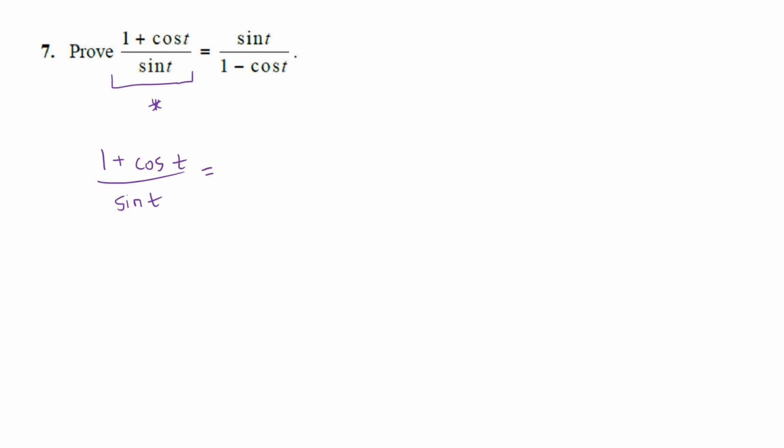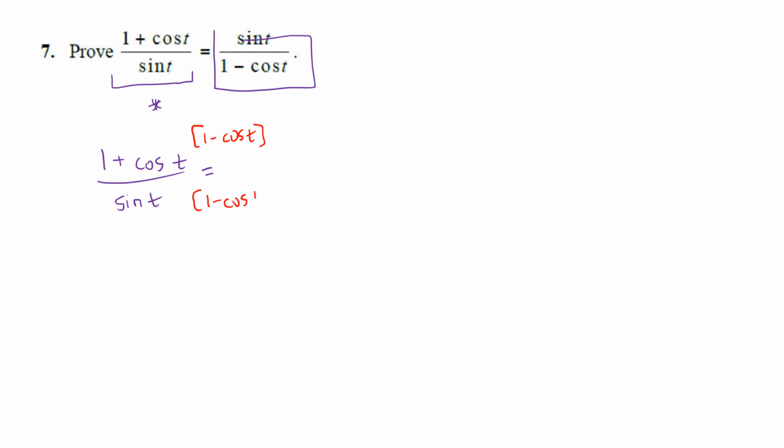All right, so I want sine t over 1 minus cosine t. So I'm going to multiply the numerator and denominator by 1 minus cosine t.